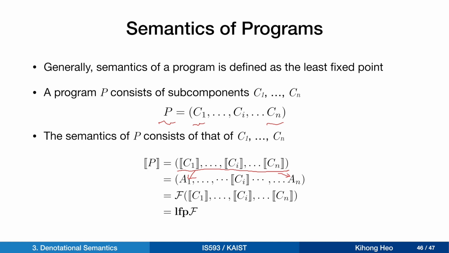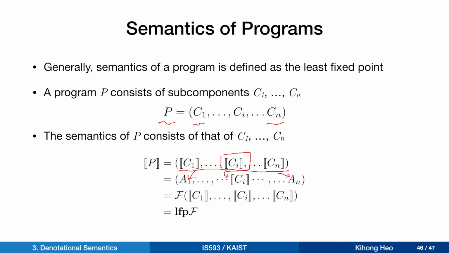But for some other cases, like while, it will be inductively defined, so it cannot be directly simplified to an atomic expression. So we need a definition using fixed point for this Ci, like the while case. Okay, so here my point is that the same principle in the last slide is also applicable here.